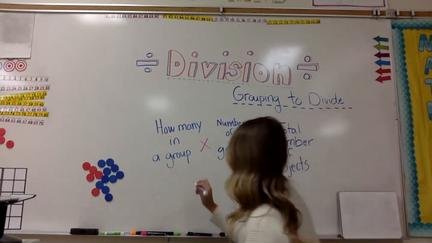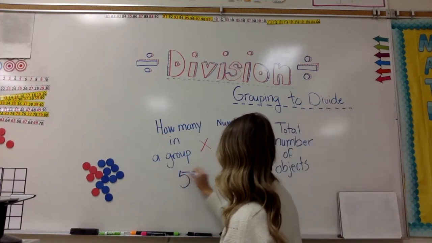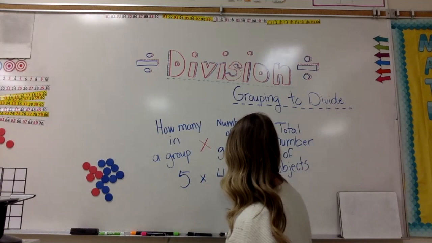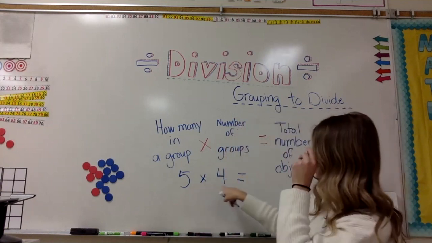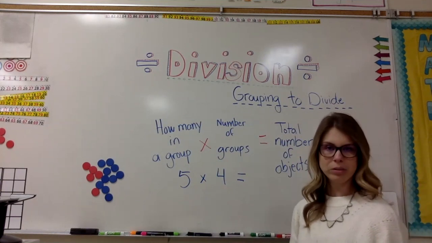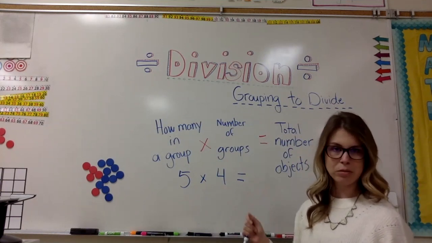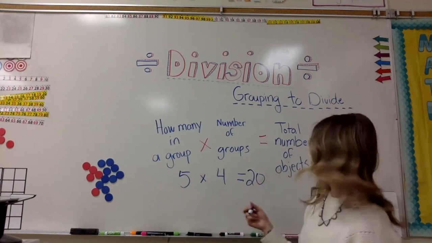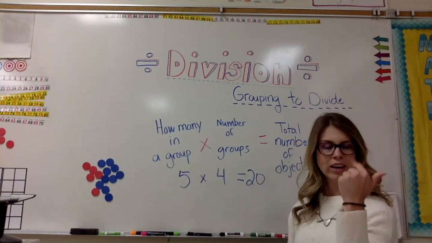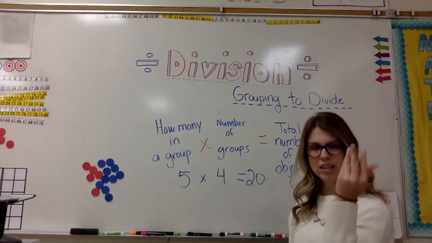So for example, if I have 5 times 4, or 5 groups with 4 in them, what does that equal? Can anyone do it really fast? Because you've been practicing your math minutes. 5 times 4 is 20. 5 groups of 4, so 4, 8, 12, 16, 20.